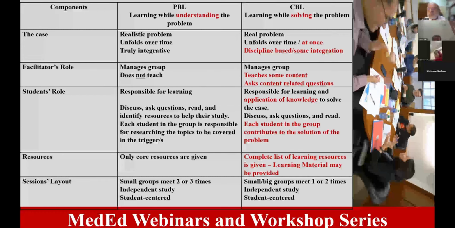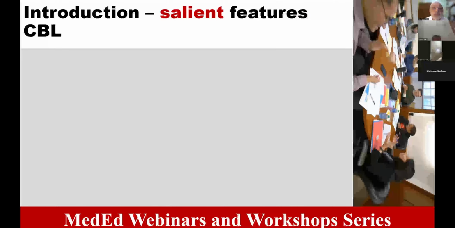So although we do not have a strict definition of case-based learning, when we compare it with a problem-based learning session, that gives us a very clear picture of what a case-based learning session is. The salient features of case-based learning, as I mentioned earlier: number 1, it is a problem-solving exercise.